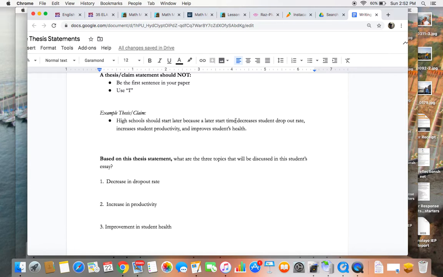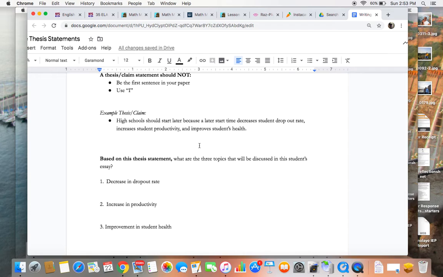Okay, so the first reason, decreases student dropout rate. The second reason, increases student productivity. And the third reason, improves students' health. So from this example thesis, the reader can clearly see exactly what this paper is going to be about.